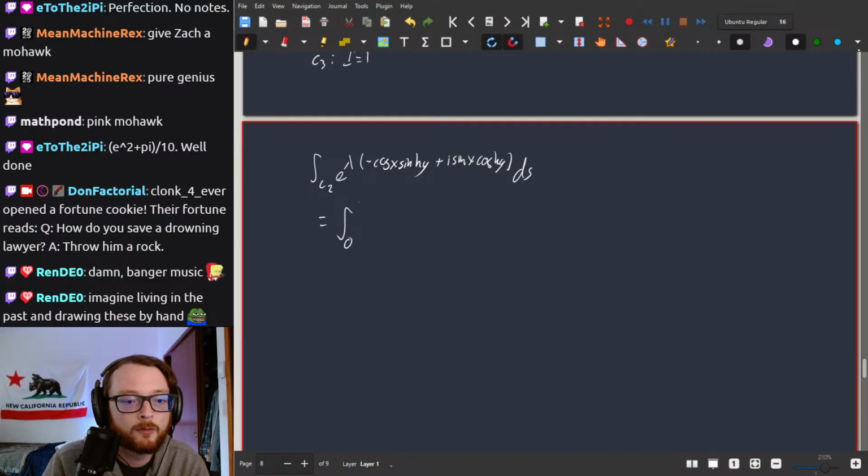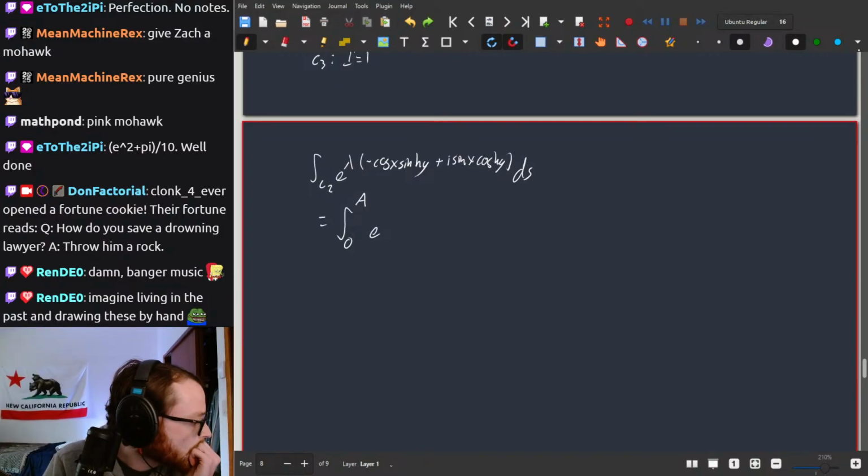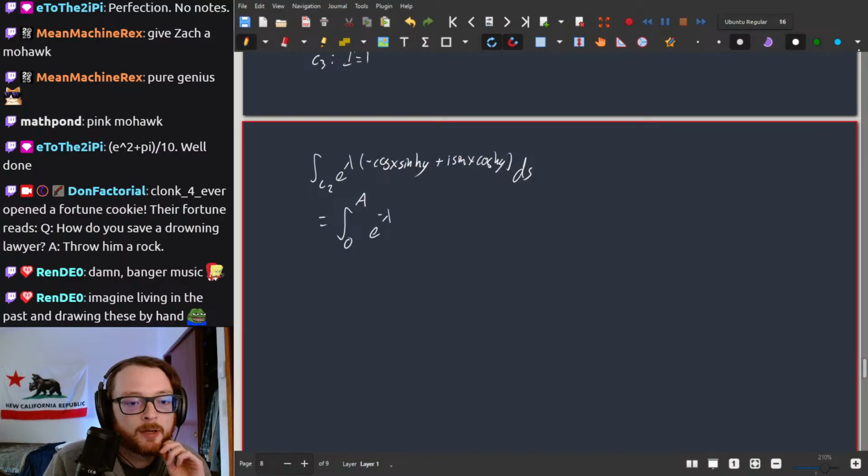From 0 to A. So X is always 0. And Y is just Y. Lambda minus lambda sinh Y. This zeroes out. dy.